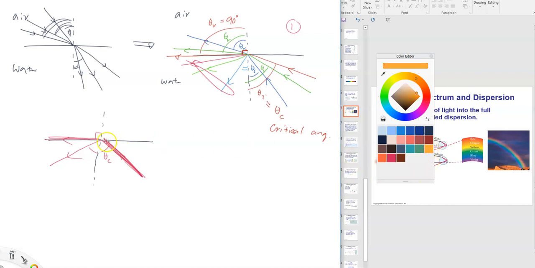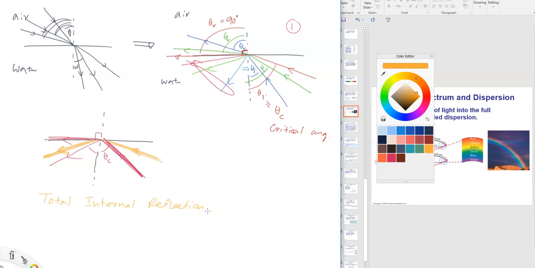At this point, when you go above the critical angle, nothing refracts, everything reflects. This situation is called total internal reflection.